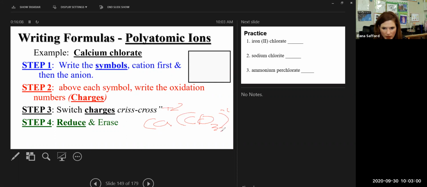The 2 is going to come over here, and the 1 is going to come over there. These do not need to be reduced. We can't reduce this any further. So the final answer is Ca(ClO3)2.